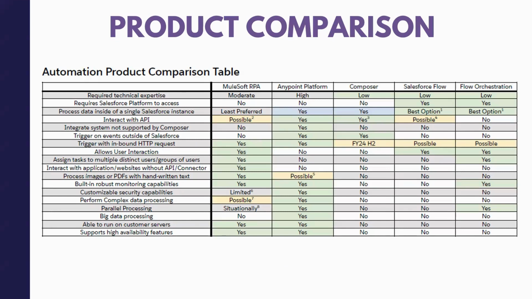Okay, now the next slide's going to make you a little dizzy. I'm just going to say, because it was pretty dizzy to work it up as well. But what it does is it pulls, which two would you use to integrate multiple Salesforce org instances? Multiple Salesforce org instances.